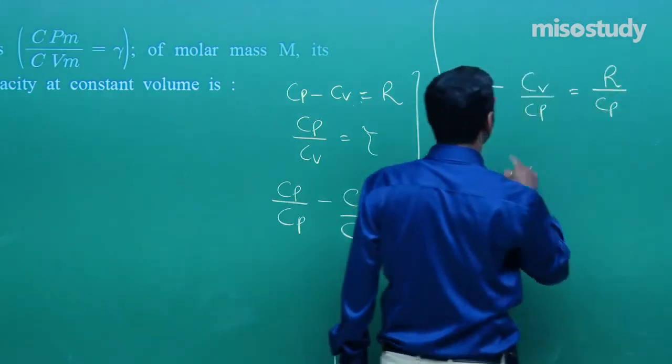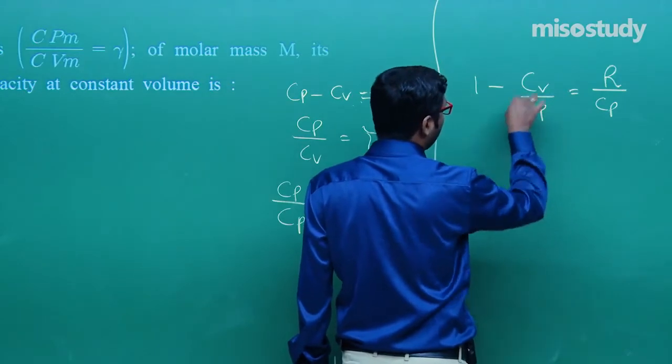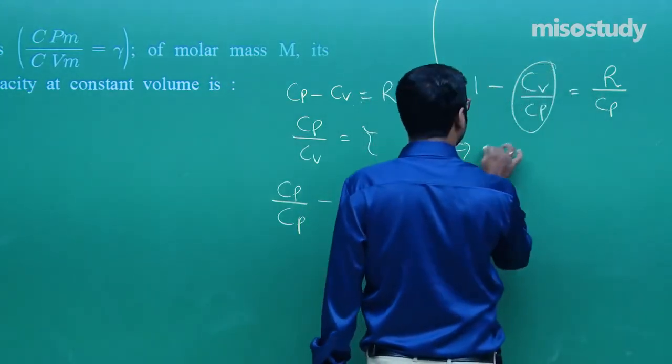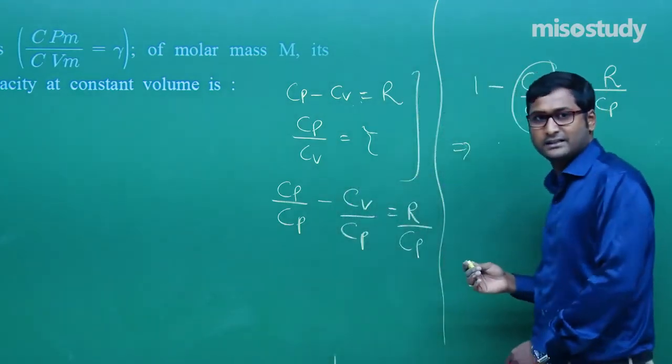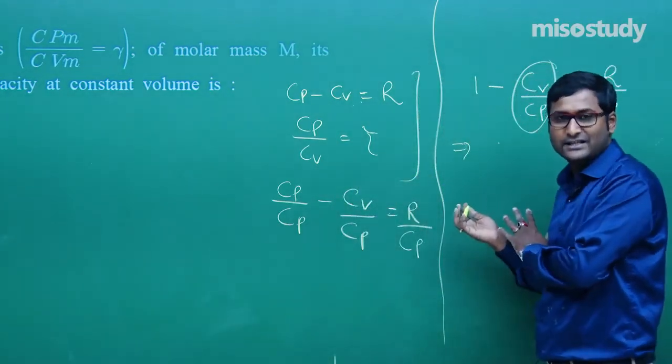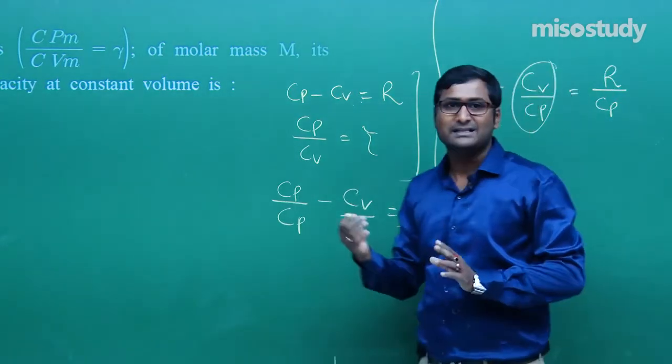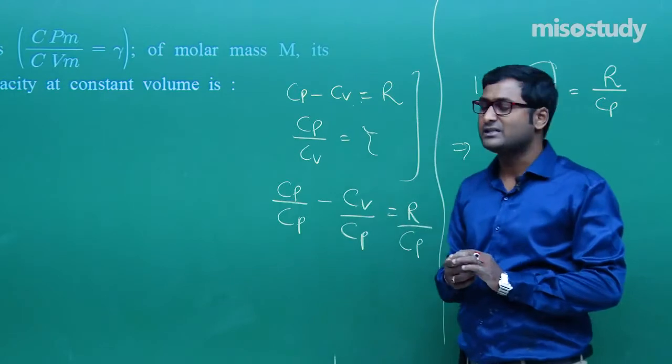Clear? Now we know Cv upon Cp, and we can write it as the reciprocal of Cp upon Cv. Taking the reciprocal, we get the relation Cv is equal to R upon gamma minus 1, and Cp is equal to R gamma upon gamma minus 1. This is very simple.